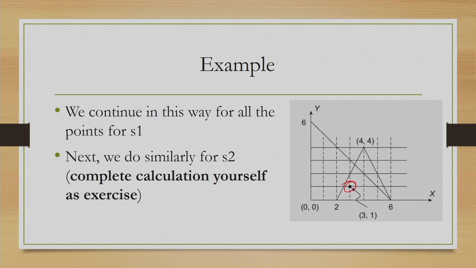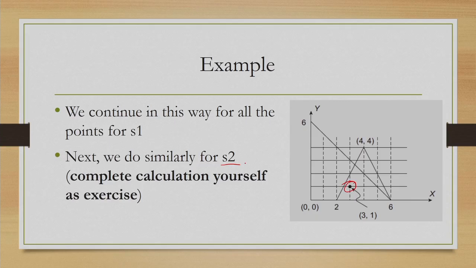Once the processing completes for S1 for all the projected points, we go to S2 and perform similar iterative steps, and then we find out the color at that particular point for S2, then perform comparison and assign the color.